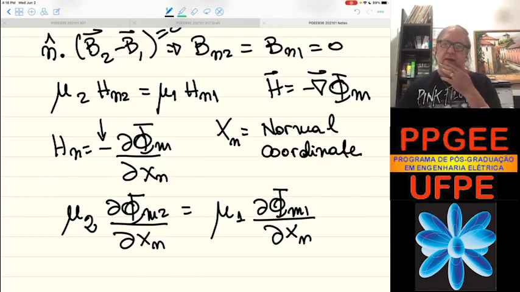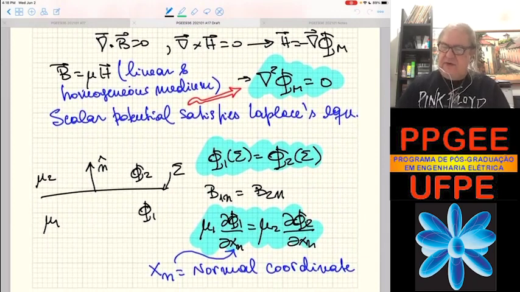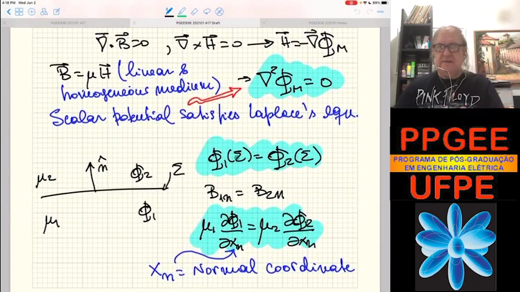So those are the boundary conditions, and that's how you solve the problem. You solve a second order differential equation, which is Laplace's equation, and if you have several media, you apply boundary conditions according to those relations.